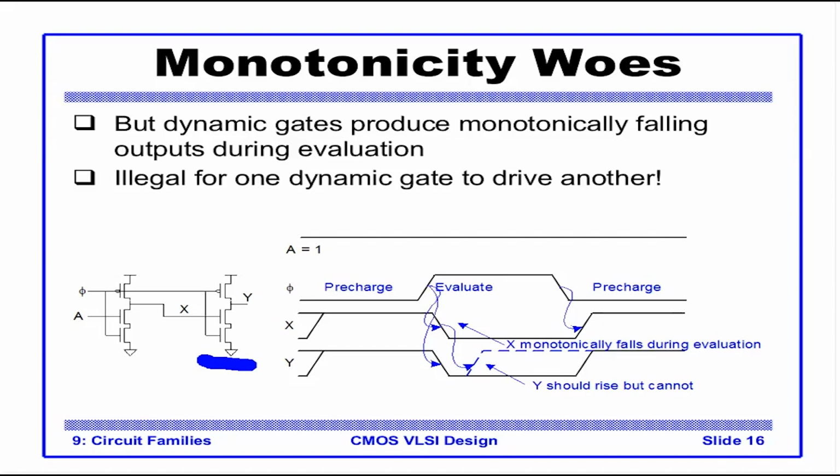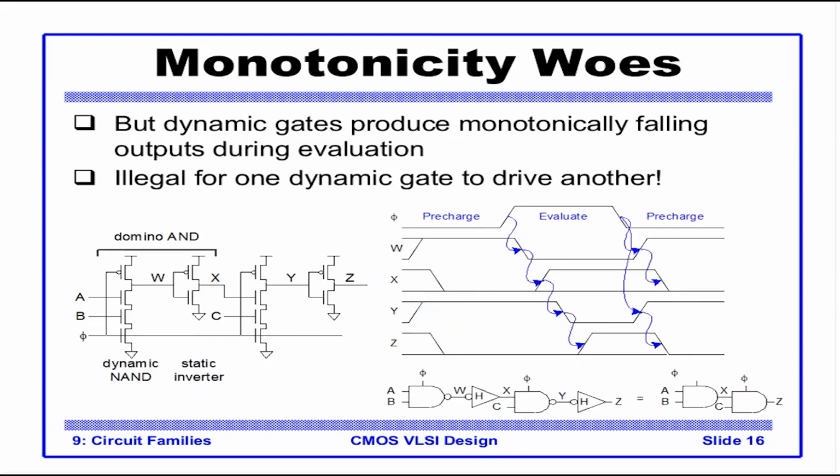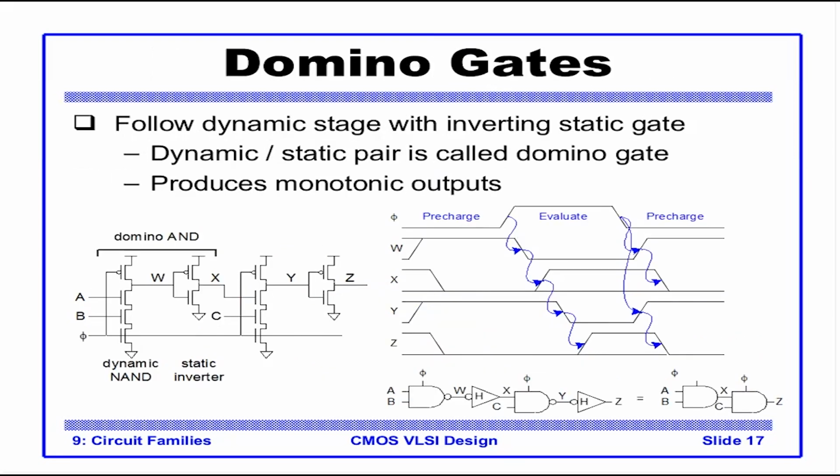What should we do now? How do we construct circuits out of dynamic gates? The answer lies in the domino gate. What we do in domino is that we follow a dynamic stage with an inverting static gate. Let me explain this circuit. This is a domino AND. This part here is a dynamic NAND gate.